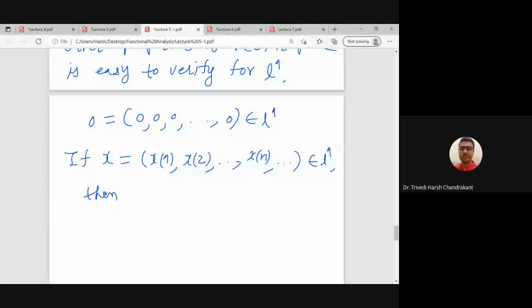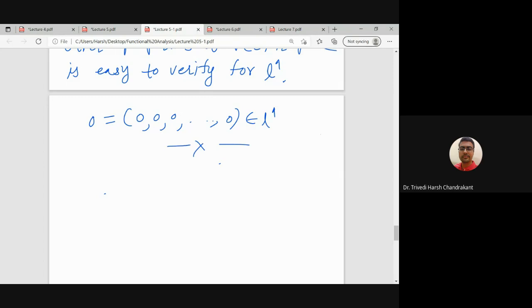Yeah, that can be done actually. So what you are saying is that, let us verify whether it is a vector space or not.